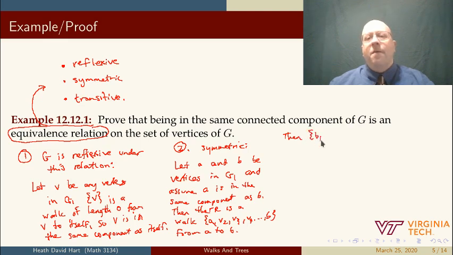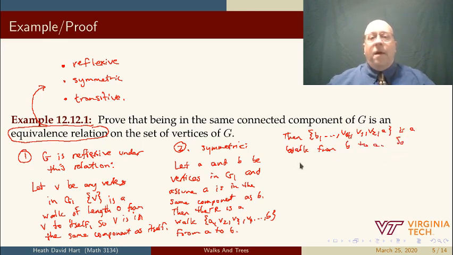Then B, V4, V3, V2, A is a walk from B to A. And so B is in the same component as A.